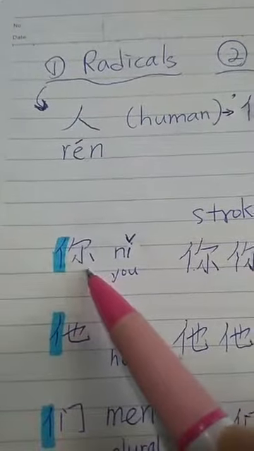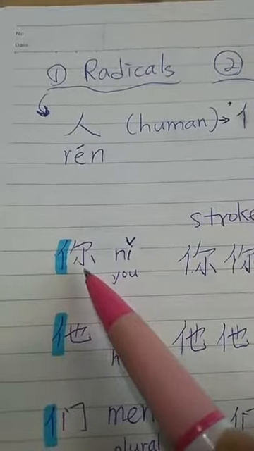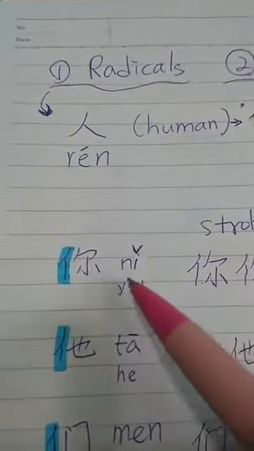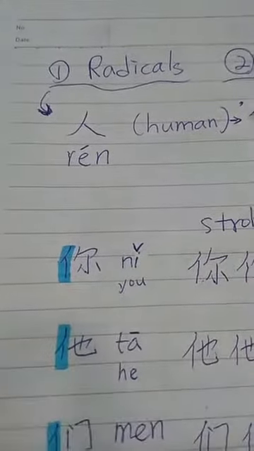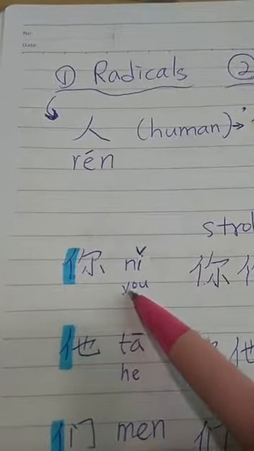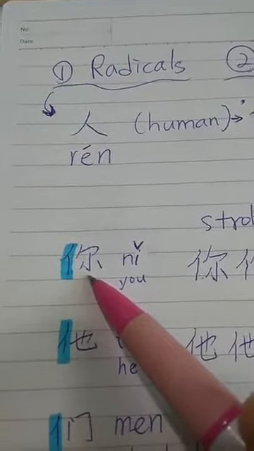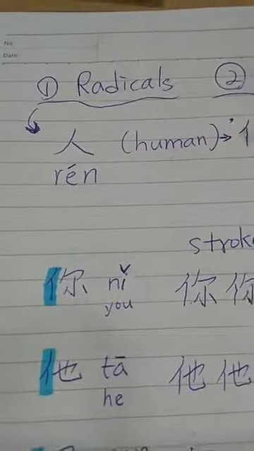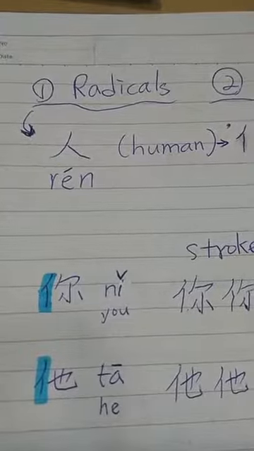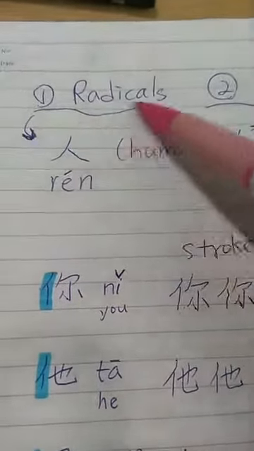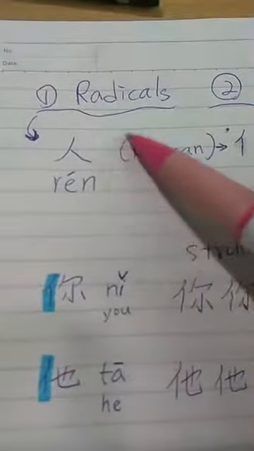Of course I know this word has something to do with human or people. That's the reason why we need to learn radicals. So today the topic is the radical 人.